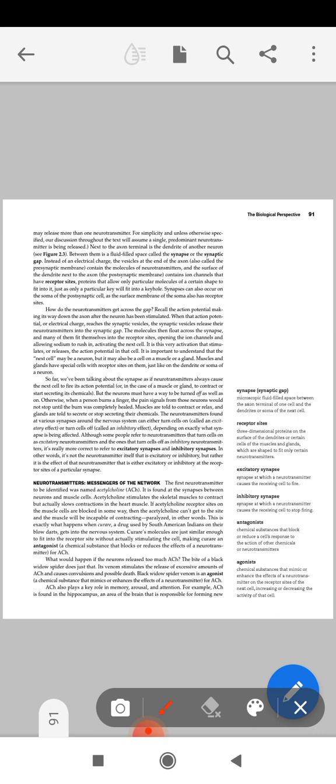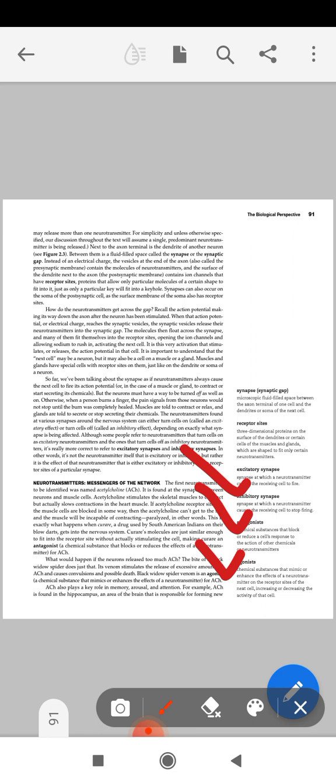Now here are two other words. I have told you about the excitatory synapse and inhibitory synapse. Now there are antagonist and agonist. Remember, a neurotransmitter will create an effect on the strength of the action potential.